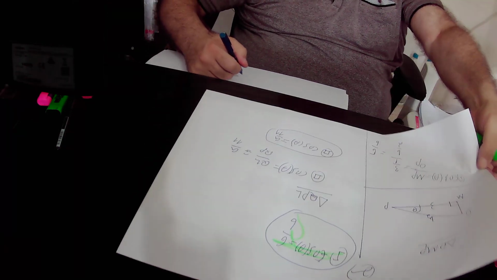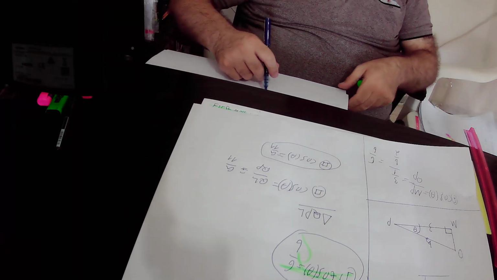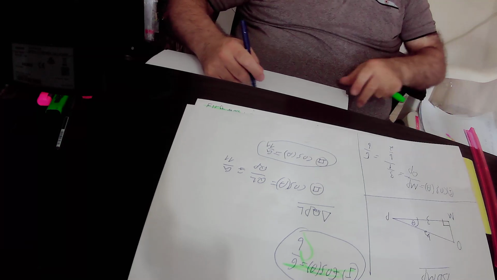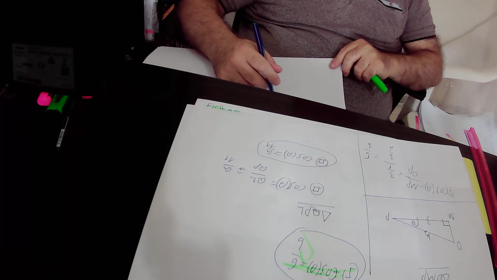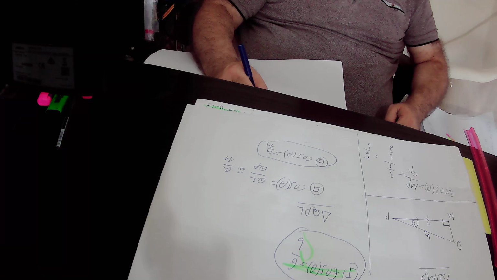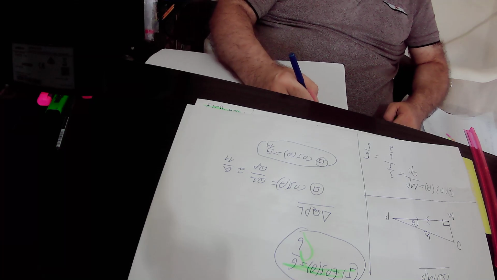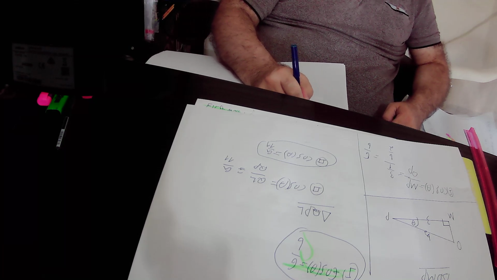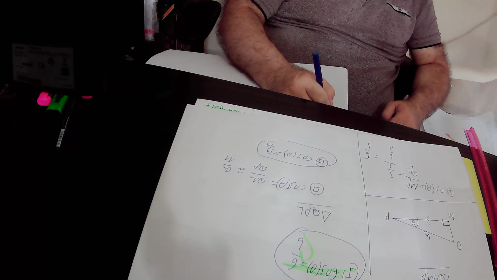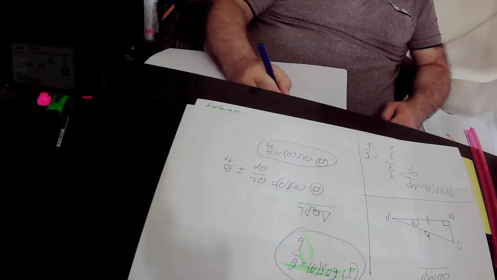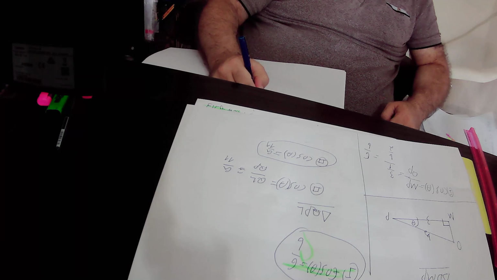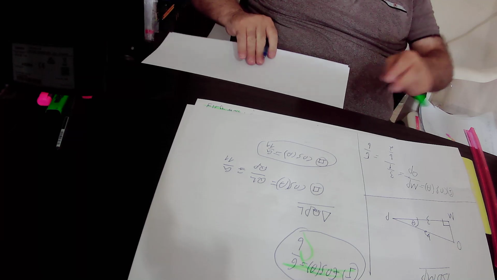So, here we have two different expressions for cosine theta. Therefore, we'll create equation number 3 that states that cosine theta according to equation number 1 must be equal to cosine theta according to equation number 2.